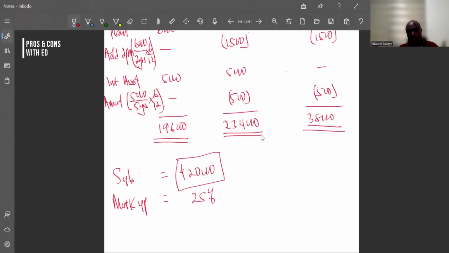Why are we doing that? For IAS 2, which is on inventory, and it says that inventory should be valued at the lower of cost and net realizable value. So at the lower of the cost that you purchased the asset and the amount you can realize outside.